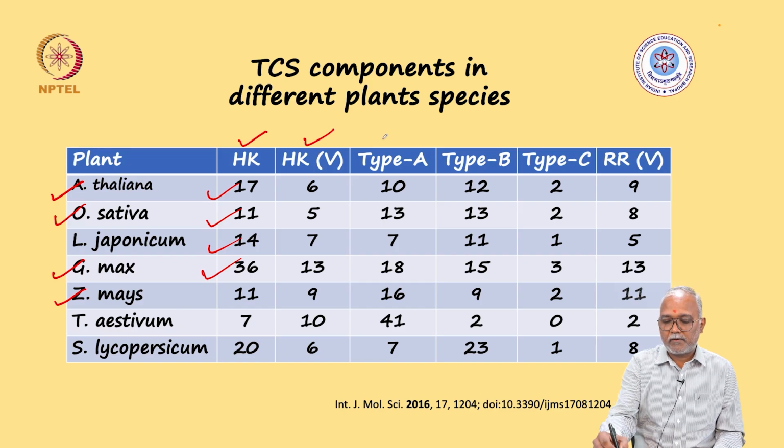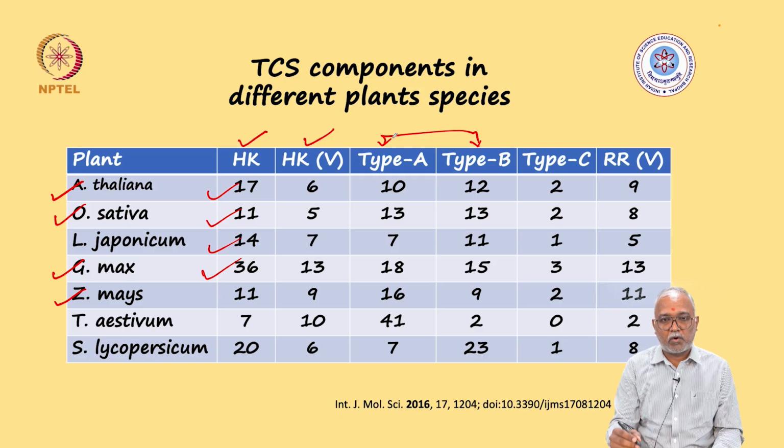Then we also notice that there are different types of response regulator. The analysis of response regulator coding genes in all these different species suggests that they are abundantly present.